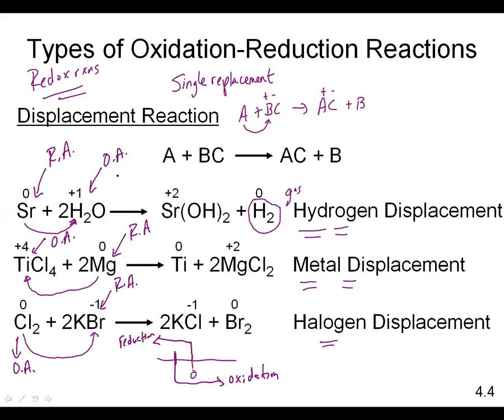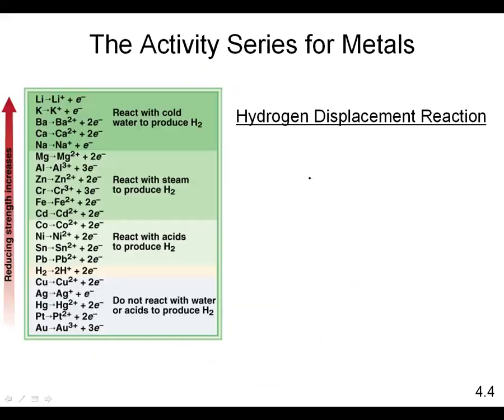And just like we talked about before, in order for this to happen, whatever is coming in needs to be more reactive than what it's replacing. And again, if it is not, then this reaction will not take place. So let's take a look at what can help us decide that.